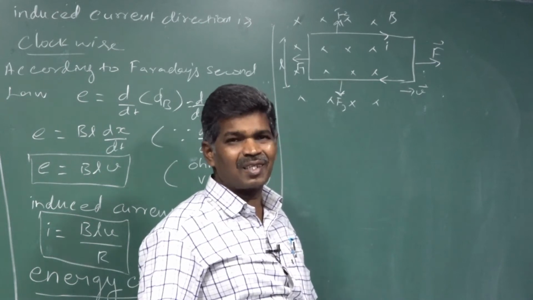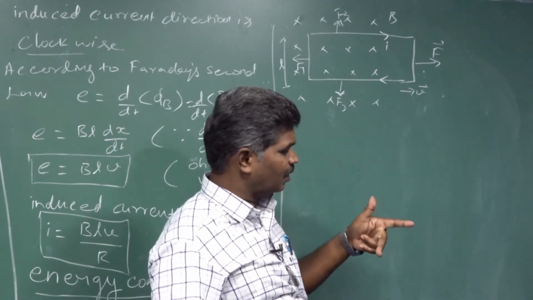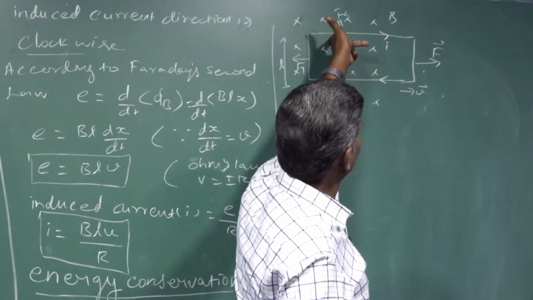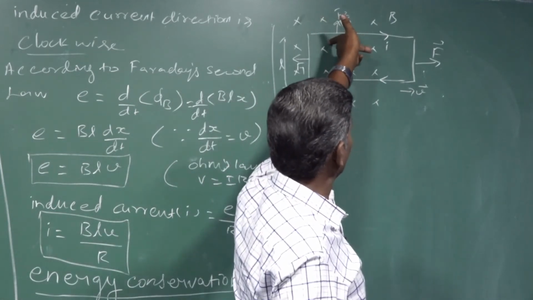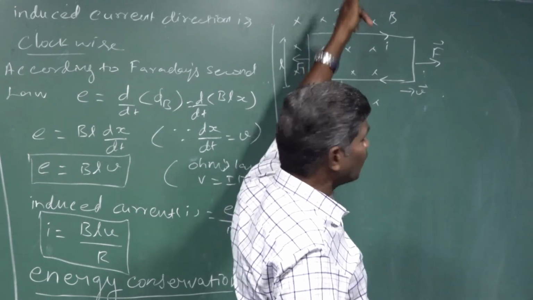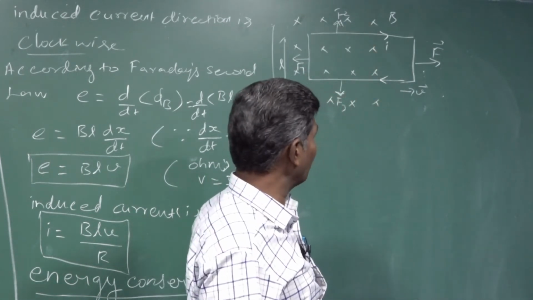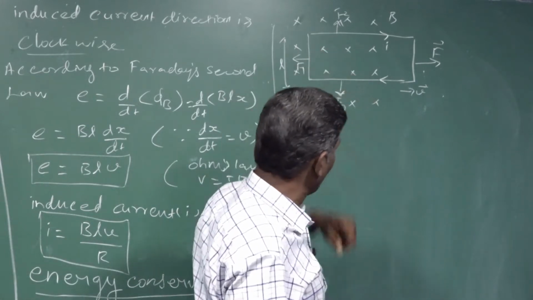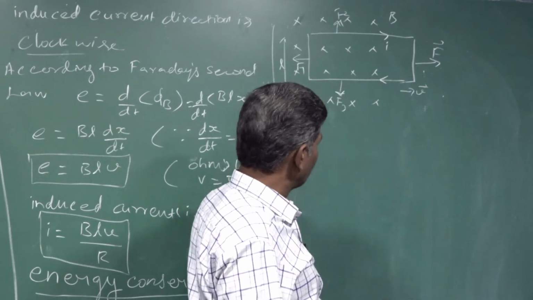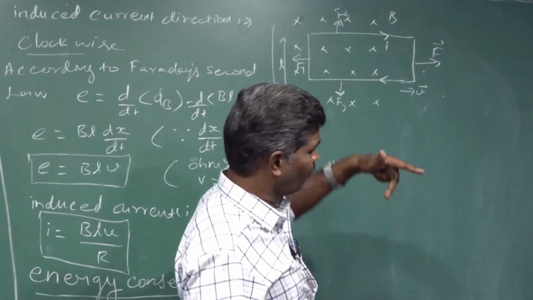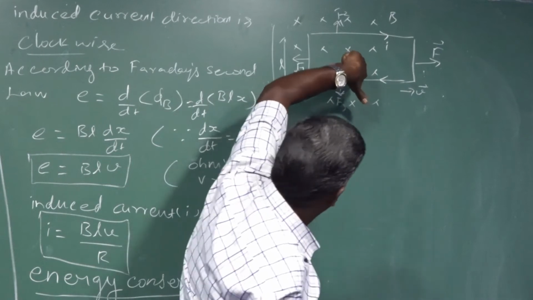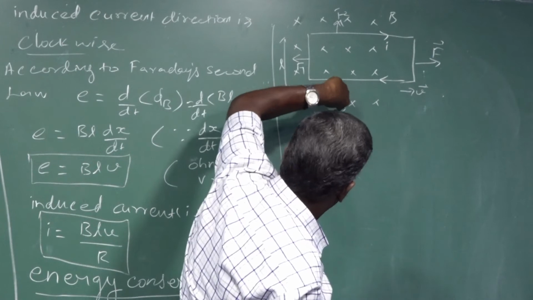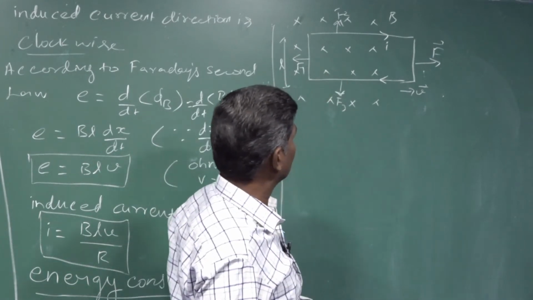Based on Fleming's left hand rule, with the magnetic field inward and current towards the right, F2 force acts in the upward direction. In a similar manner, the same Fleming's left hand rule is applied for the lower part, and we find the direction of F3 also. For the inward magnetic field with current flowing towards the left, a downward force acts.